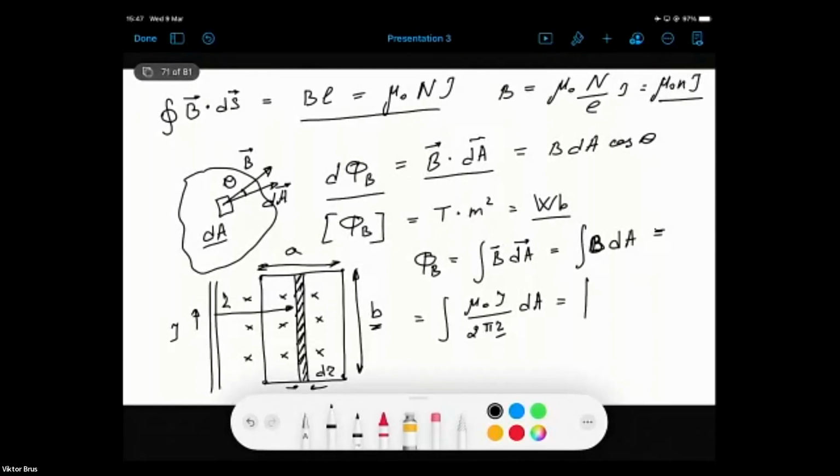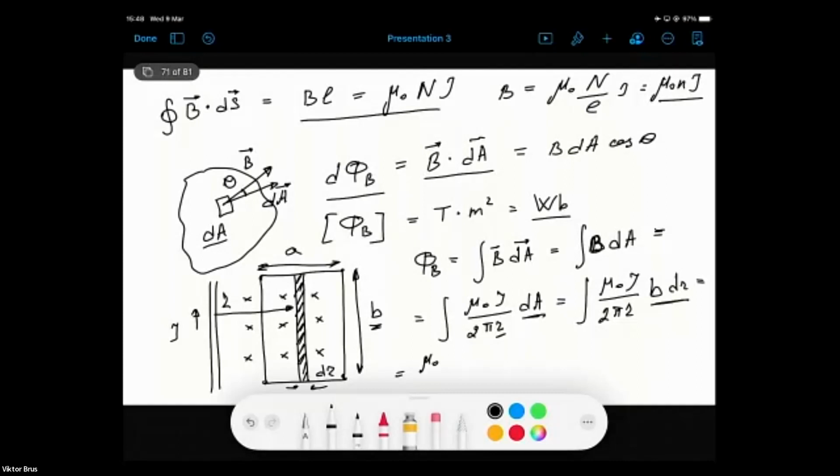So that will be equal to the integral of mu naught times I divided by 2 pi r, times b times dr. That is instead of dA. Now we can take out from the integral everything besides r, because all other parameters are constant, only the radius is changing.